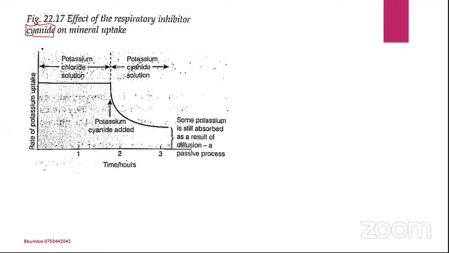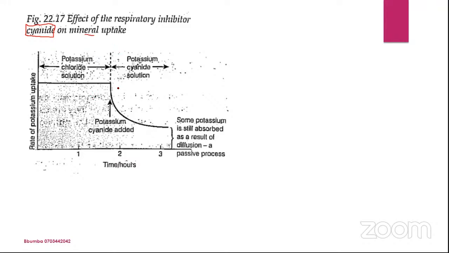So here we're looking at the effect of the respiratory inhibitor cyanide on mineral uptake. I told you that when you're given a graph like this, always read the title, then read the words on the vertical as well as the horizontal axis, then read the words on the graph.